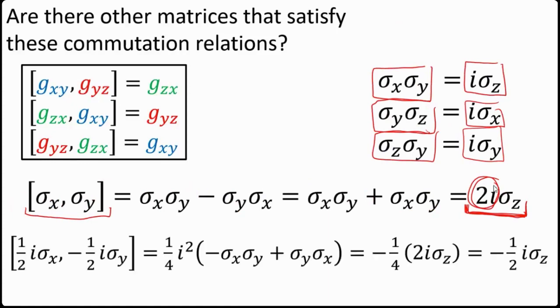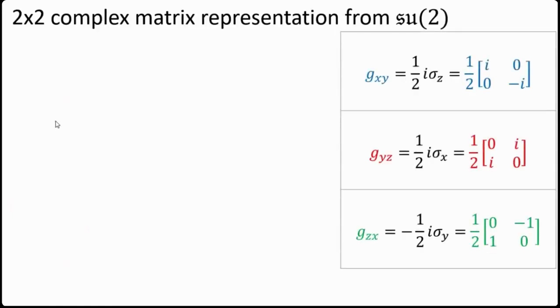So basically what you can do is say, well, if I add this 1/2 i and I'm going to add negative 1/2 i here, I'm honestly not sure if I got the signs right, but basically the sigma matrices almost satisfy this, but you have to put in some 1/2s, some i's, and maybe some minuses in some places, and you can satisfy this set of relationships. So I think I have that clear on the next slide.